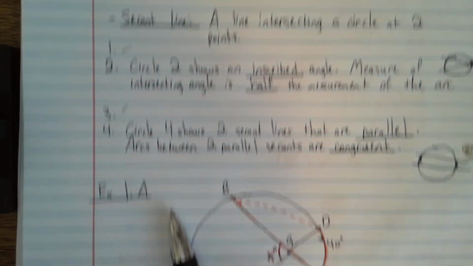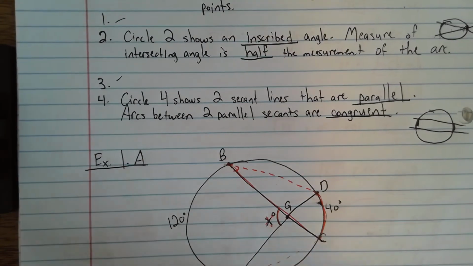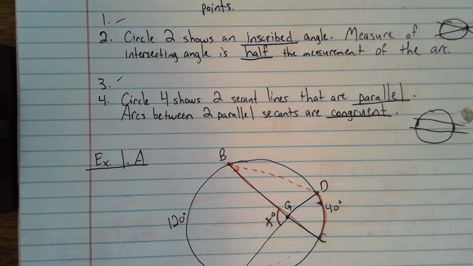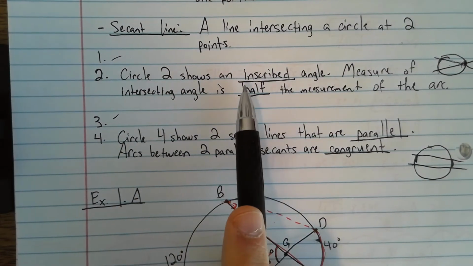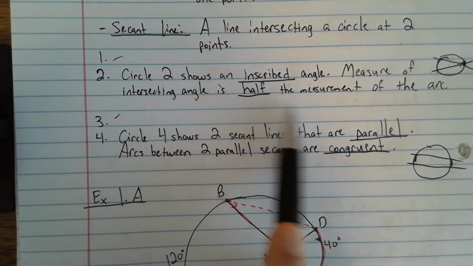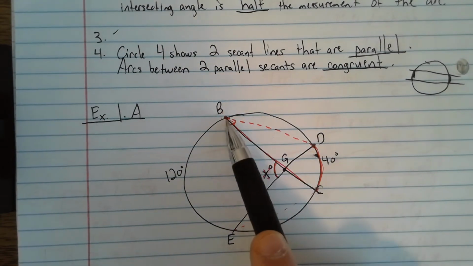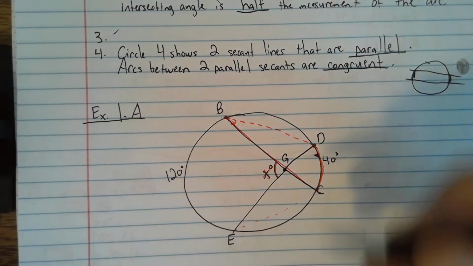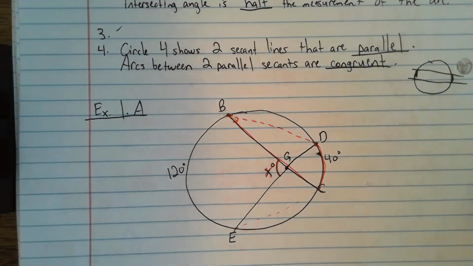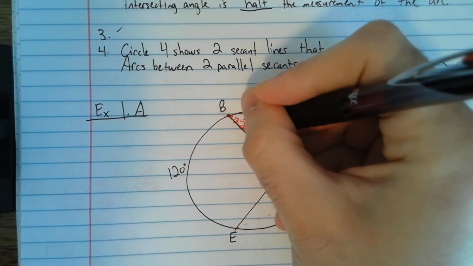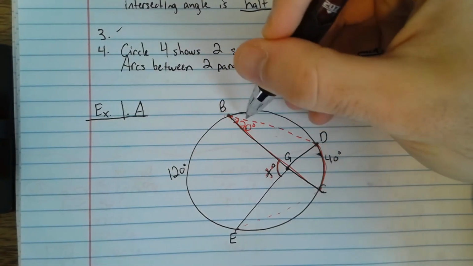If you go back up to the definitions, Circle 2 shows an inscribed angle. The inscribed angle is half the measurement of the arc that it intercepts. So arc DC is intercepted by inscribed angle DBC. If the arc is 40, the inscribed angle is half of 40. 40 divided by 2 means this angle right here is 20 degrees, between B and this imaginary dotted line.